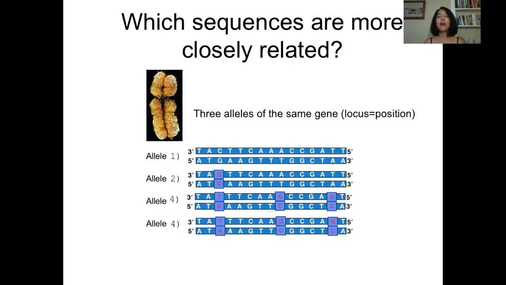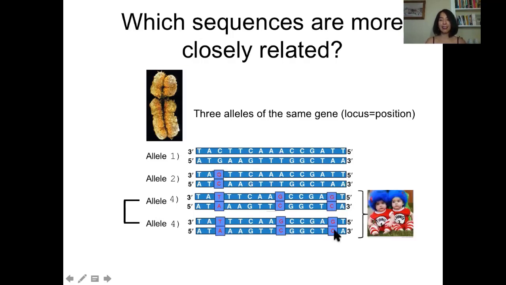Which sequences are more closely related? Here we have 3 alleles of the same gene, the same locus. Hopefully you pick these 2, allele 4 and allele 4. These are identical. These are like twin sequences, something you would expect in some twins or in very closely related individuals.